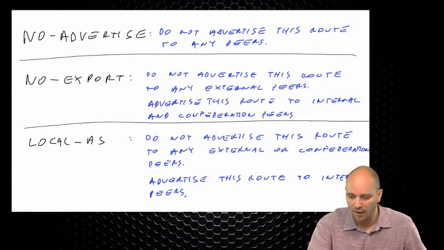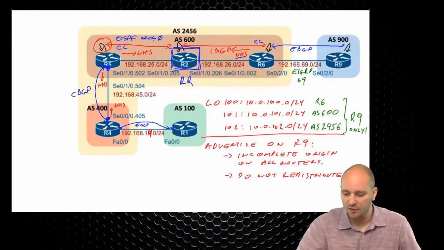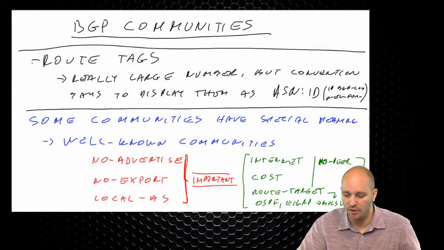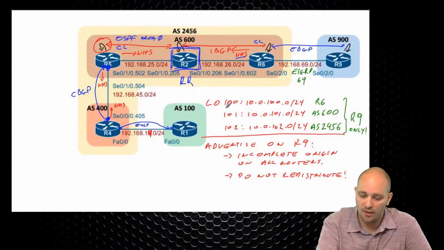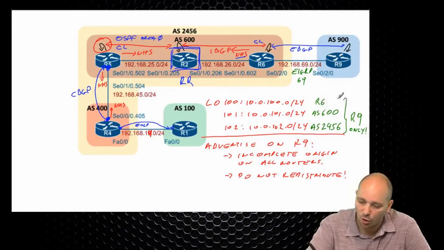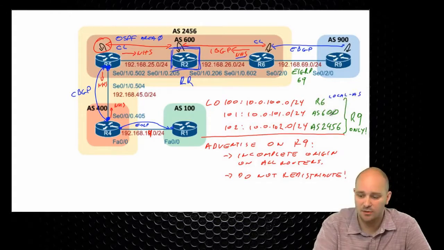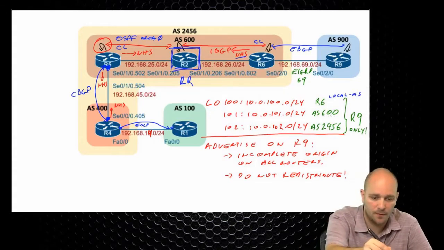So taking a look at our example here, what is it that we actually need to do? Well, if we are to use the communities to solve this problem, for this one that needs to be advertised only to R6, we are going to be using the local AS. This one that needs to stay in AS, sorry, not local AS, silly me.